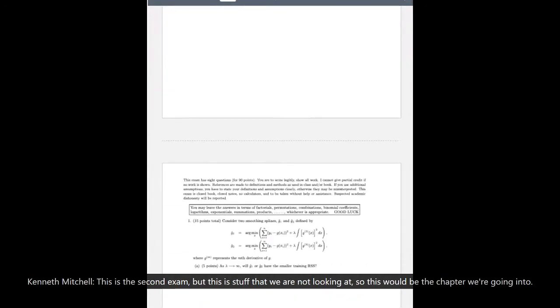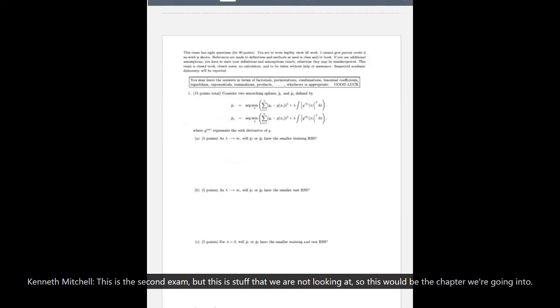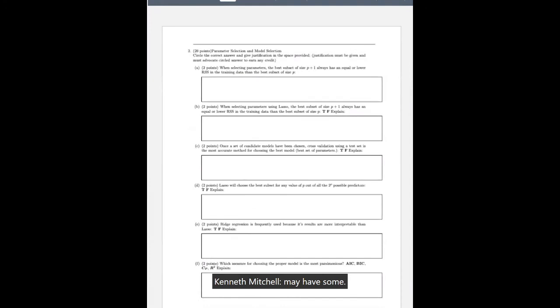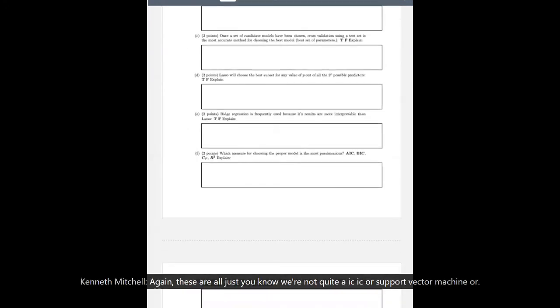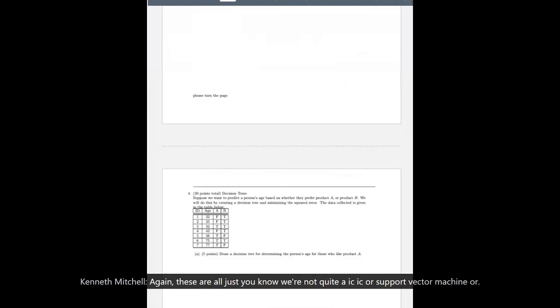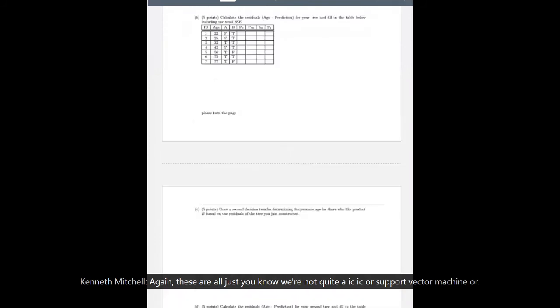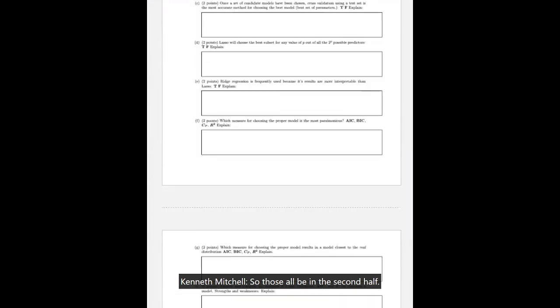This is the second exam, but this is stuff that we're not looking at. So this would be the chapter we're going into. I may have some. And again, we're not quite into AIC, BIC, or support vector machines, or decision trees. Those will all be in the second half.